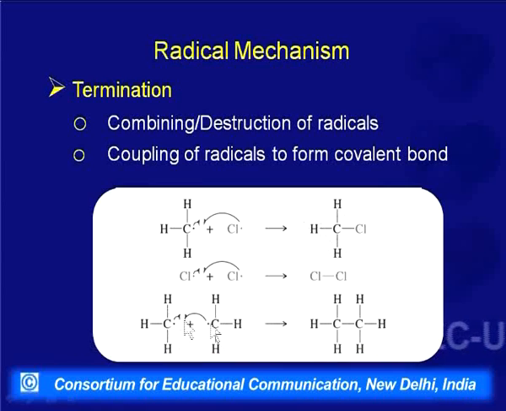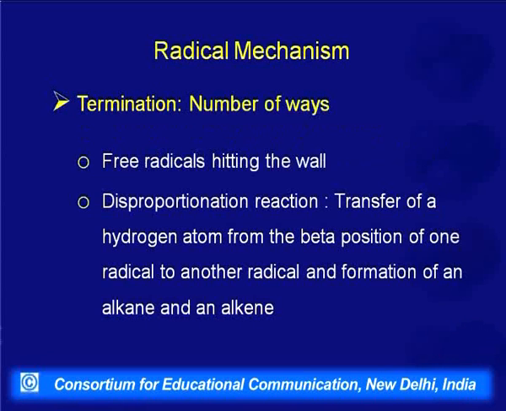Similarly, two chlorine radicals can combine to form the chlorine molecule, and two methyl radicals can combine to form an ethane molecule. So, we have got a higher homologue of this particular molecule.